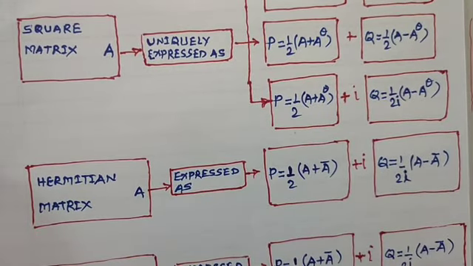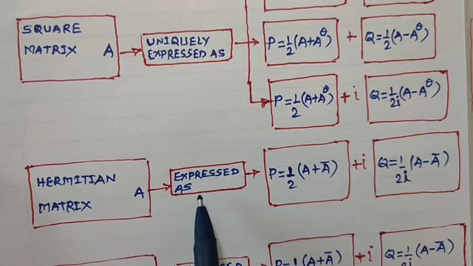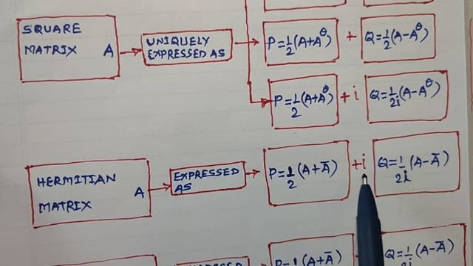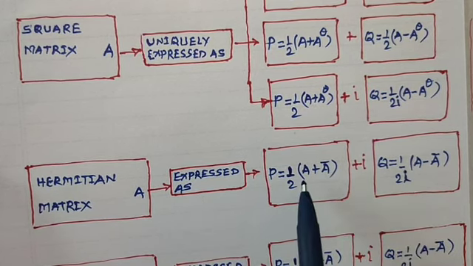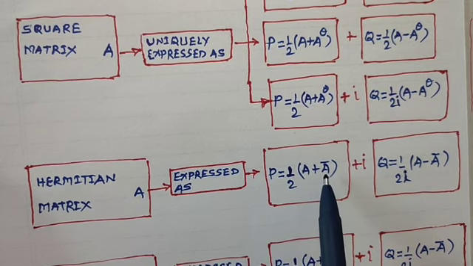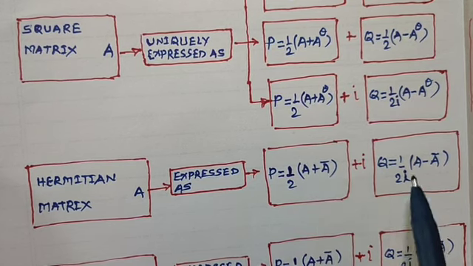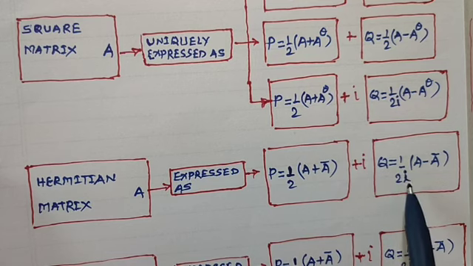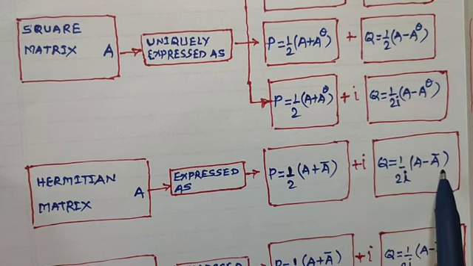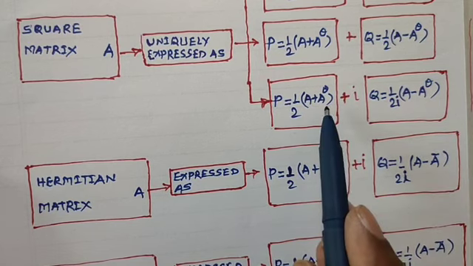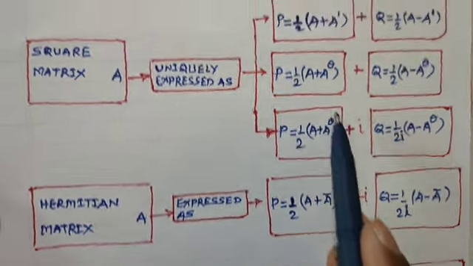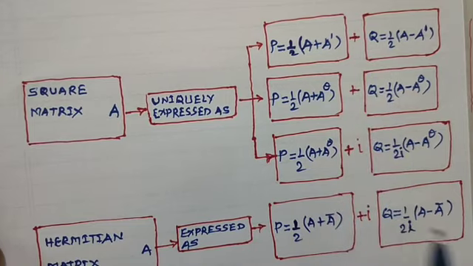But in this case, a Hermitian matrix A can be expressed as P plus I into Q, where P is half of A plus A bar. A bar means the conjugate of A, and here Q is equal to 1 upon 2I times A minus A bar. Remember this point, A bar here also. In previous cases it was theta, theta, and in the first case, dash, dash.